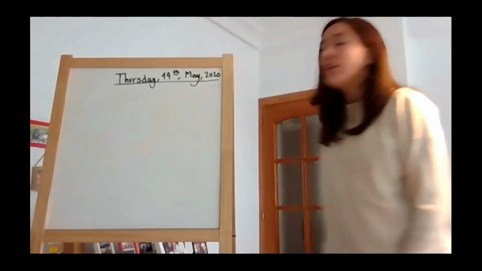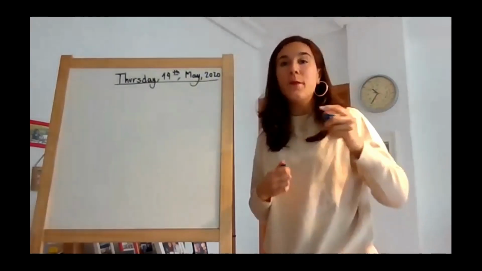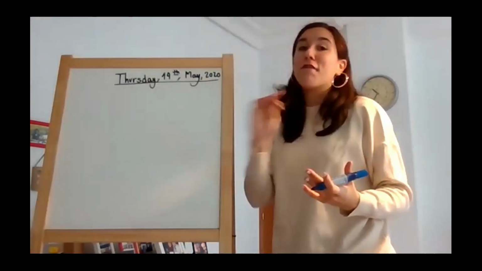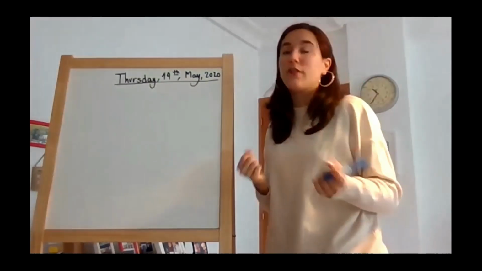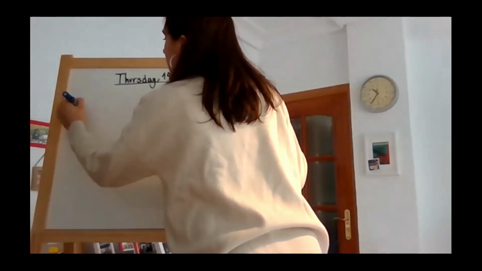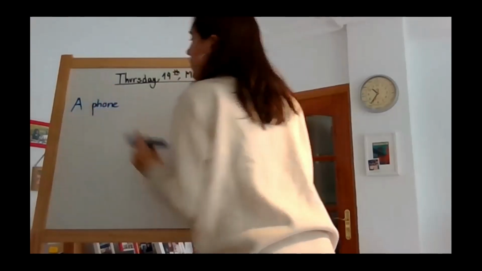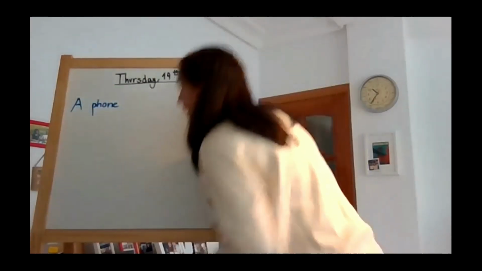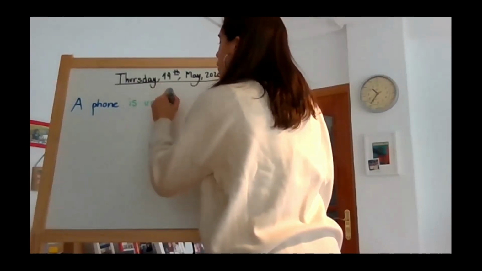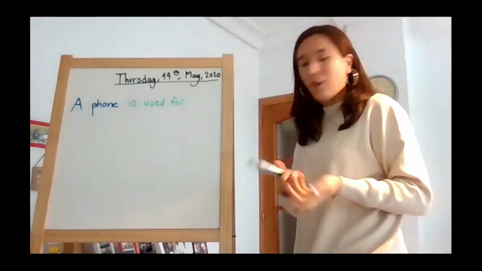Okay, so first of all, today is Thursday, 14th of May, 2020, okay? And what we have learned is that the first thing we need is an object. For example, a phone, a telephone, okay? A phone, and then is used for, what do we use a phone for?